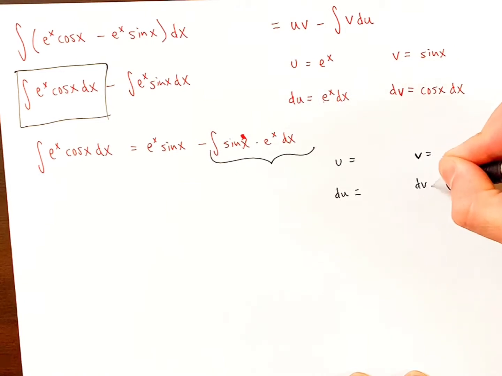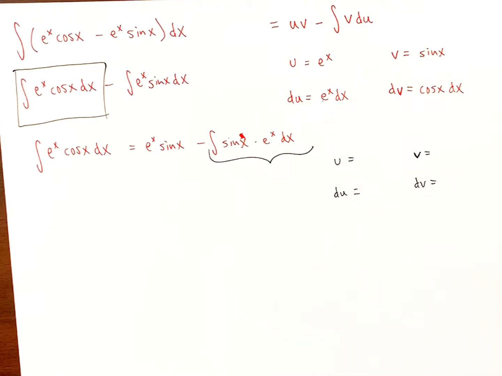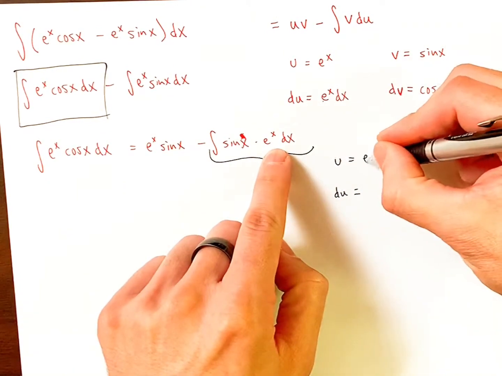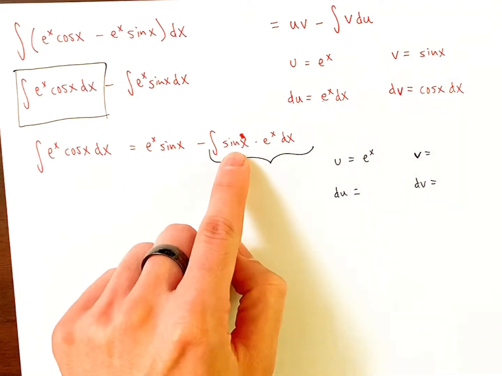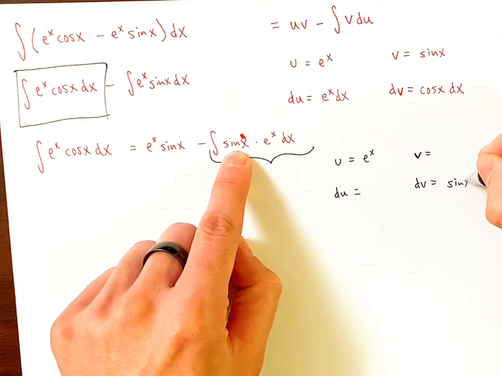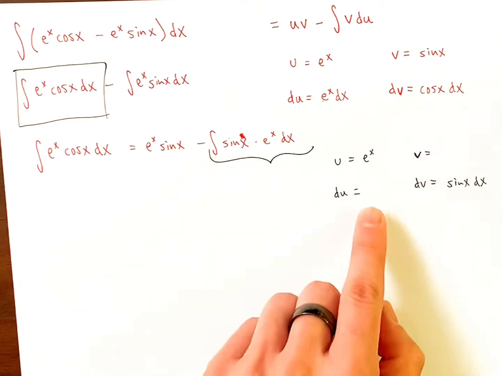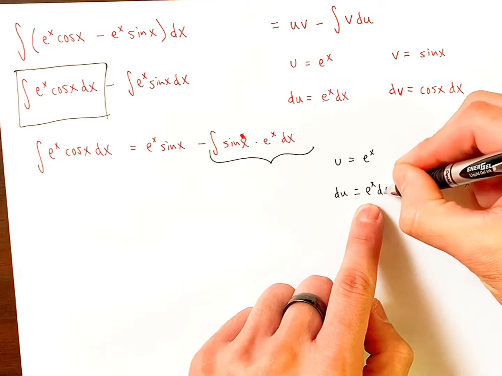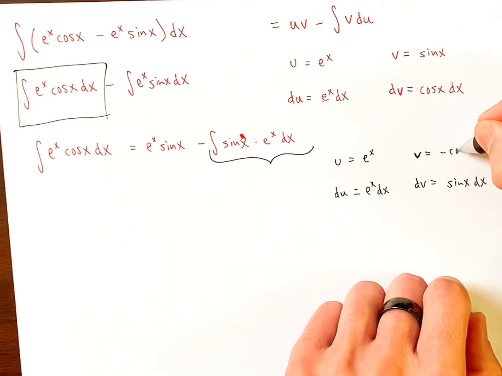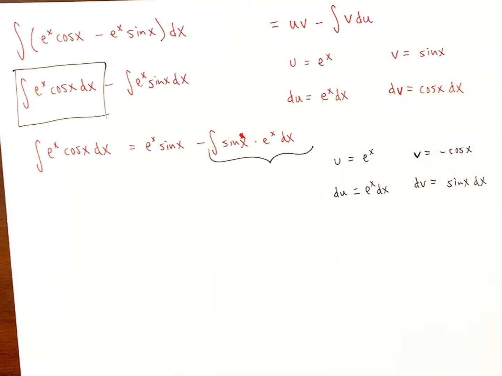So similar to the previous portion, u could be e to the x, and then dv could be sine x dx. And now du would be e to the x dx, and v would be negative cosine x. Very careful, right? Because of the negative cosine.